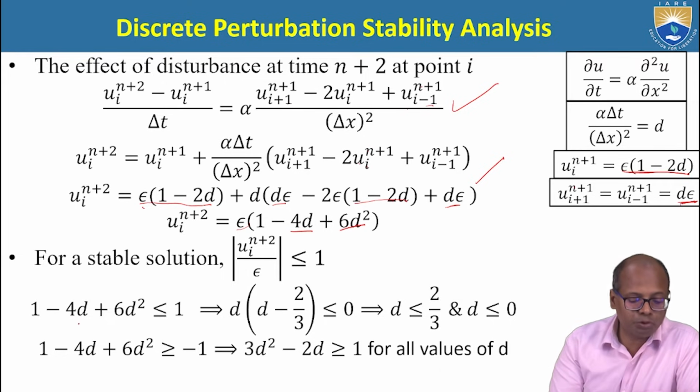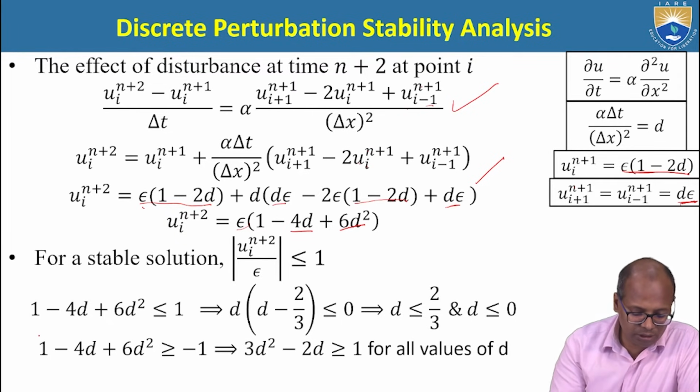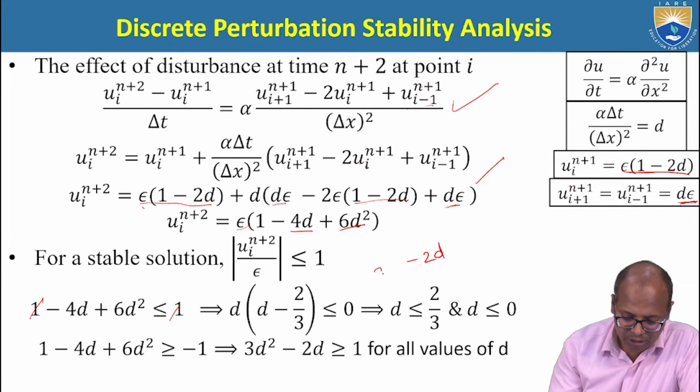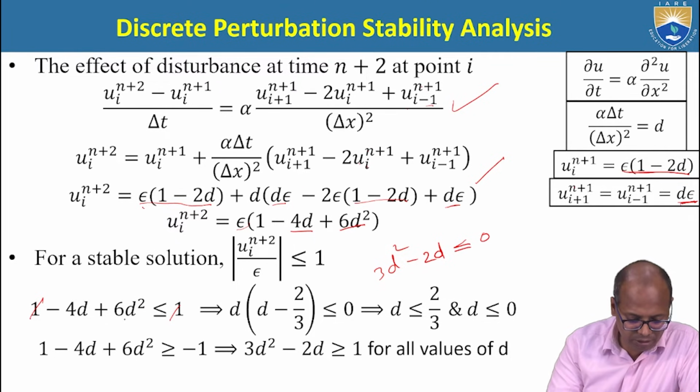Now 1 minus 4d plus 6d square is less than or equal to 1. So in this case what is happening? This 1 will get cancelled, and it will become 6d square minus 4d less than or equal to 0.